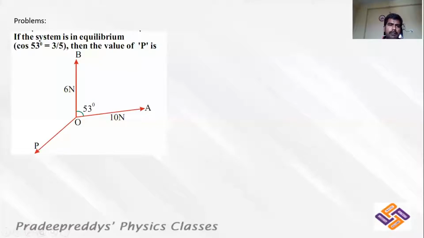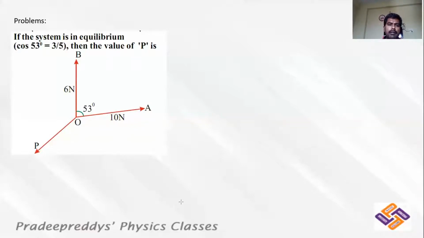Coming to one question. This is not based on directional cosines. It is just a simple numerical. In this, you are being given 3 vectors, A bar, B bar and P bar, and you need to find the magnitude of P. You should find the value of P such that the system is in equilibrium.